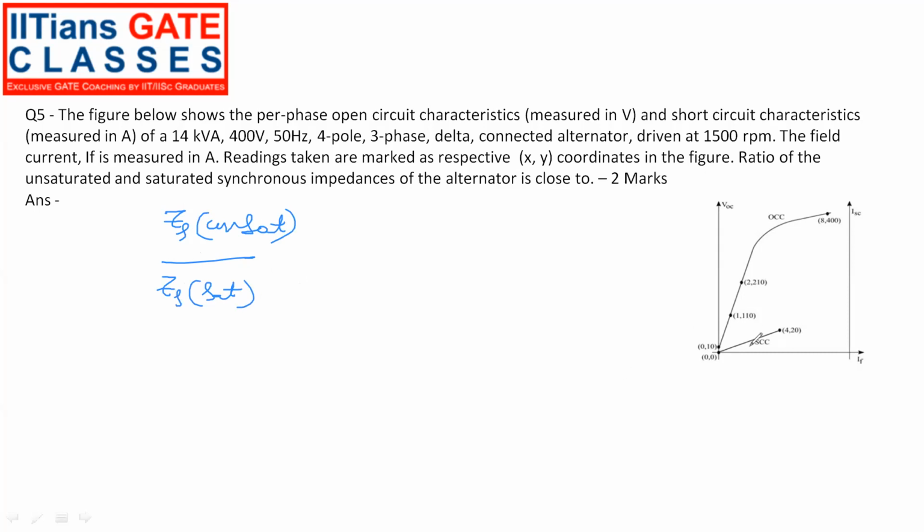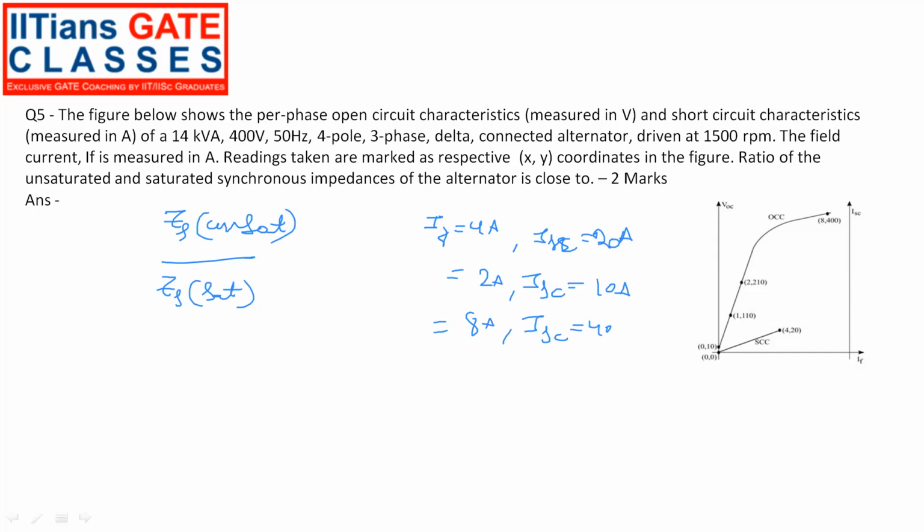So from the short circuit characteristics, which is a linear characteristic, when field current equals 4 amps, we have short circuit current ISC equal to 20 amps. Since SCC is linear, if IF is 2 amps, then ISC will be 10 amps. If IF equals 8 amps, then ISC will be 40 amps because SCC is linear.